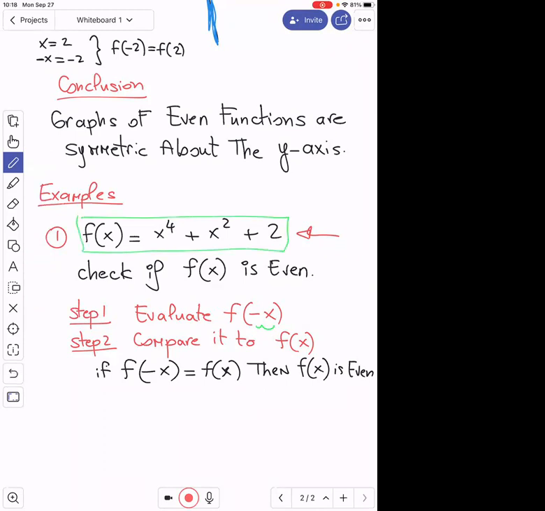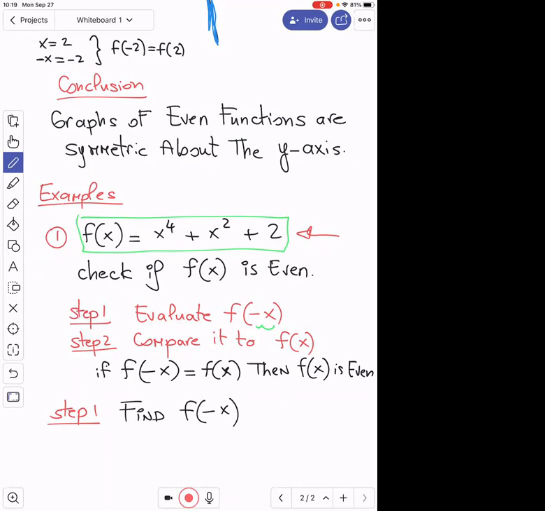So first step, I need to find f of minus x. Let's see how it works. Step one, I need to compute f of minus x. All right, so how do we do this?